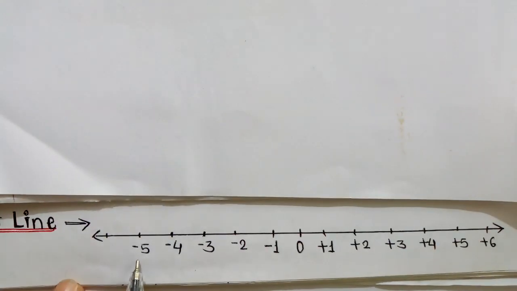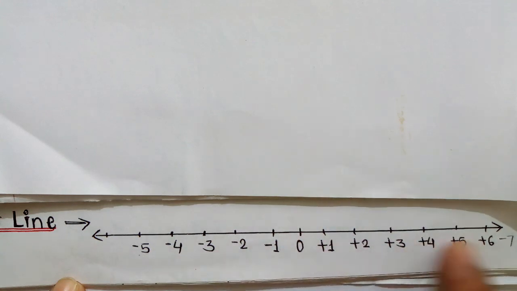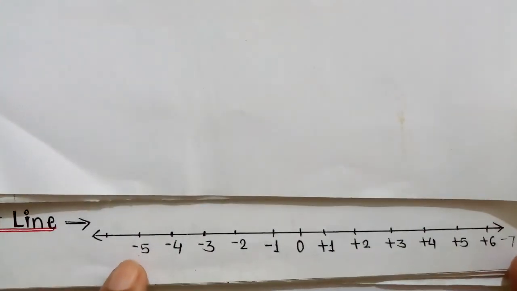Like this, if you see the number line from negative 5 to 7, here 6 is there, negative 7. All these integers are there between negative 5 and positive 7. So simply you can write those numbers in rational number form.